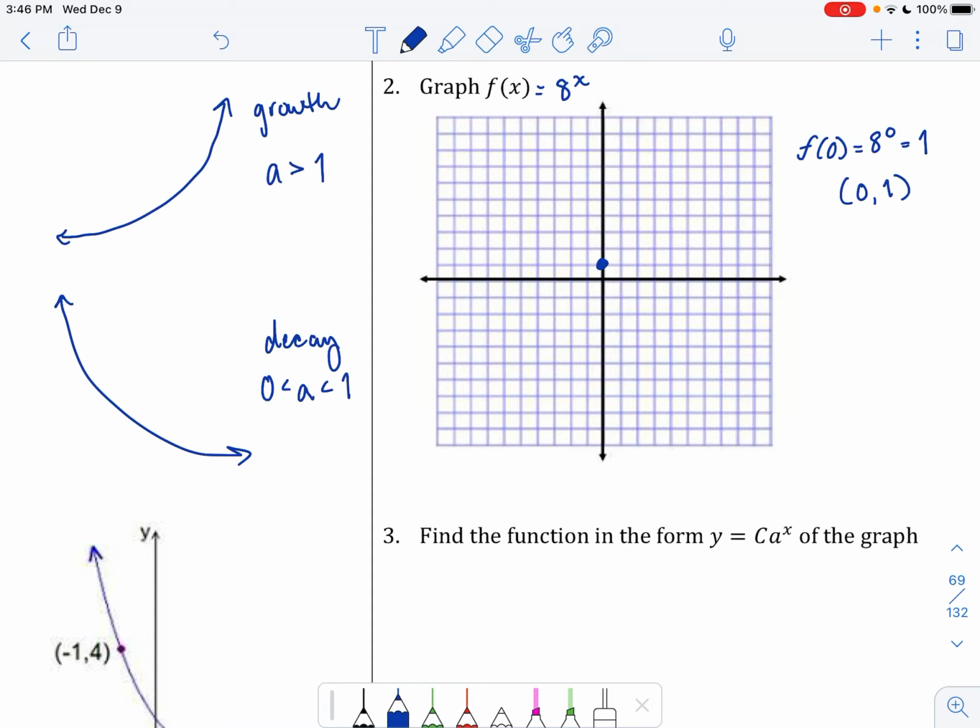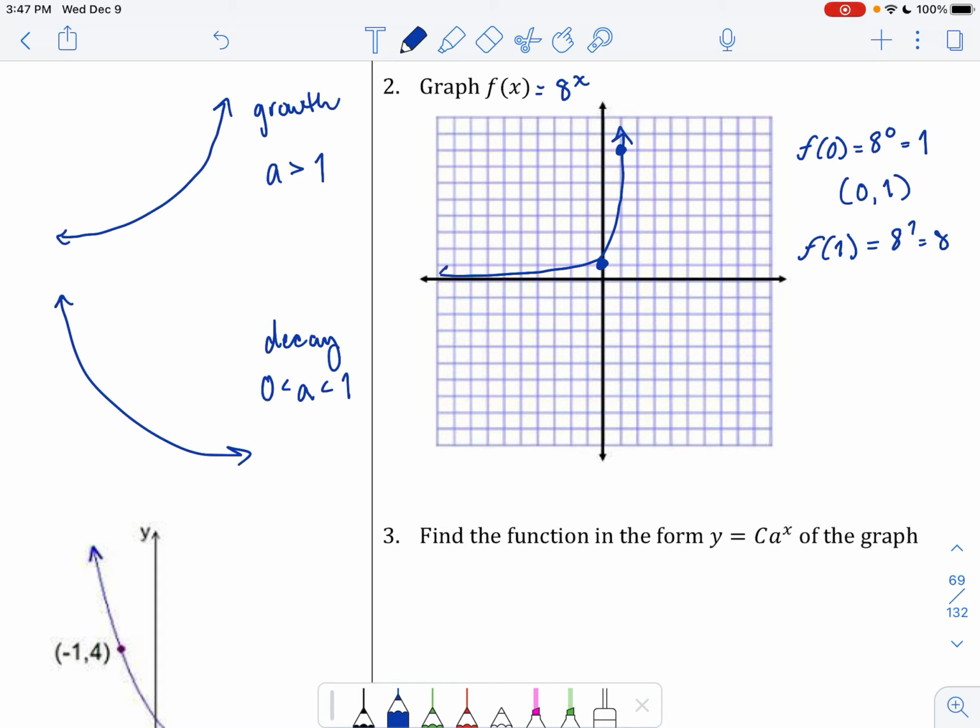In this case, a is 8, so it's greater than 1, so it's going to be going up like this. To tell how steep it is, one nice thing is just to find another point, and that's going to be 8 to the first, which is 8. So it's going to be going up pretty steeply, like this.